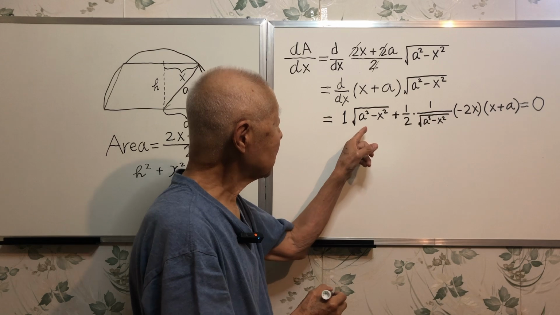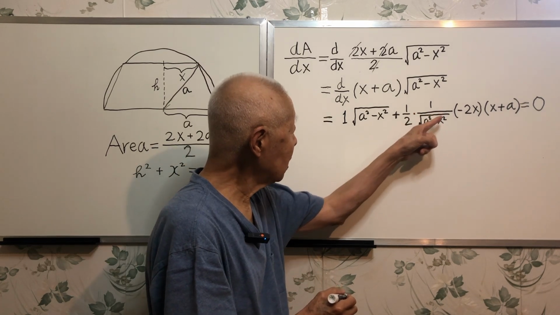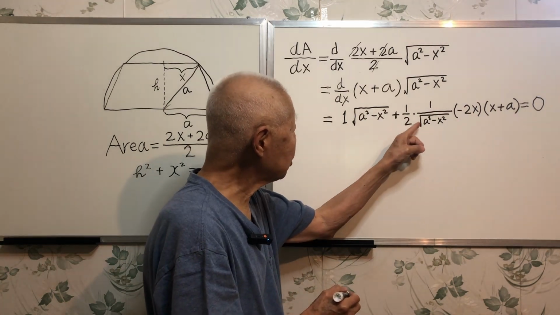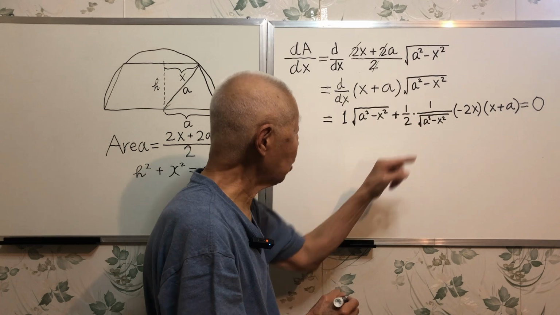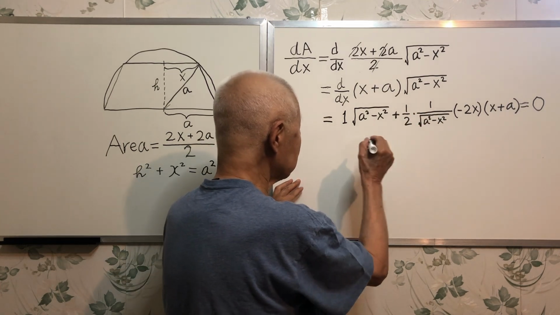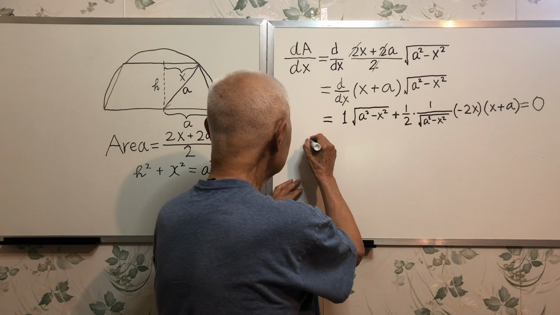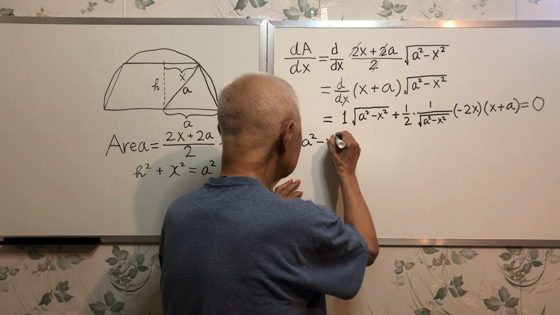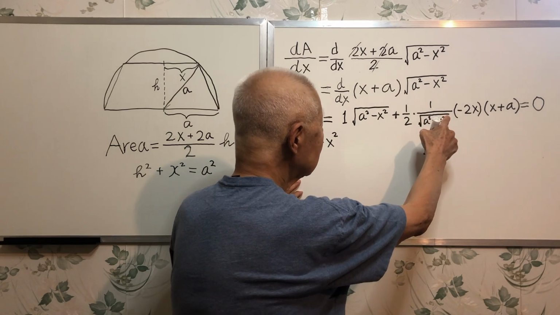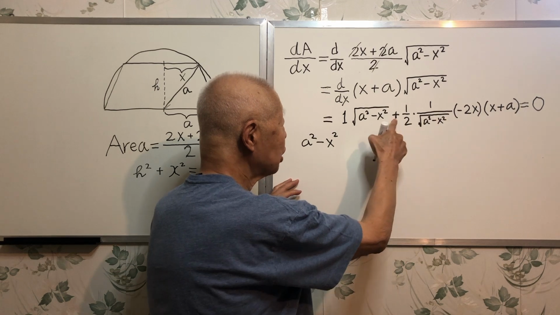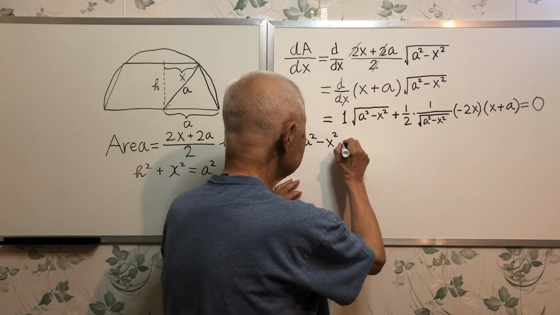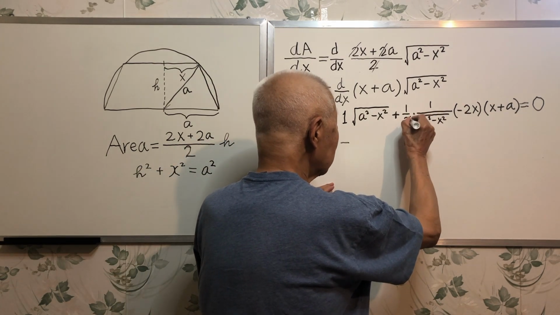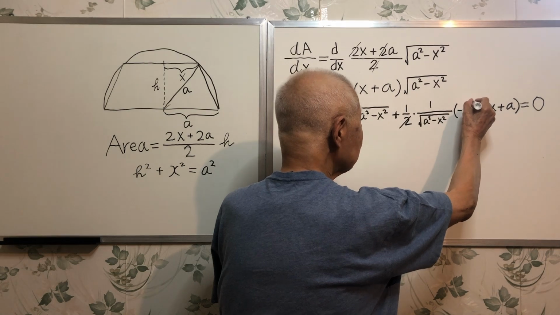Let me get rid of the square root. So I multiply the whole thing by square root of a squared minus x squared. So this gives me minus sign changes the plus to minus. The 2 here cancels the 2 here.